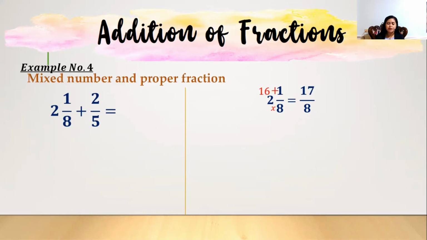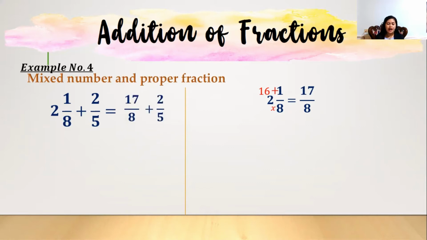For this example, we multiply 2 and 8, so the result is 16, plus 1. So we have 17 as the new numerator and then we copy the denominator, which is 8. That is the equivalent form of our given mixed number in its improper fraction form.